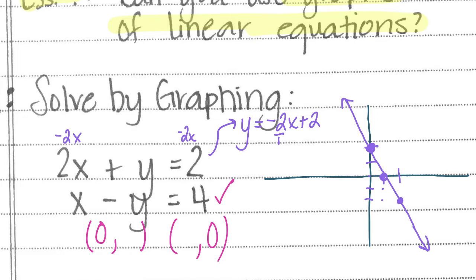So the answer would be negative 4, because a negative, negative. So I know that (0, negative 4) is going to be one solution. So that's here. And then remember, the x-intercept is when y equals 0, so none of that would exist. And the x-intercept is positive 4. 1, 2, 3, 4.